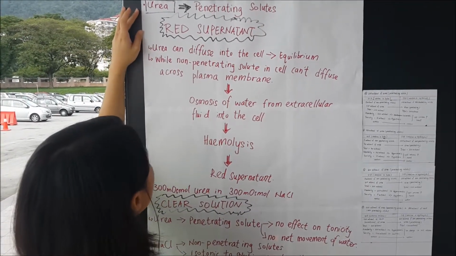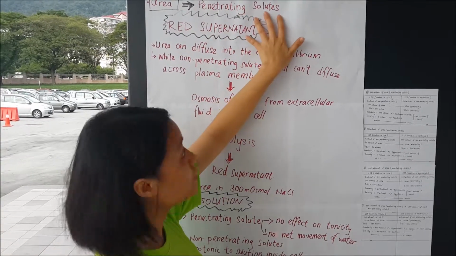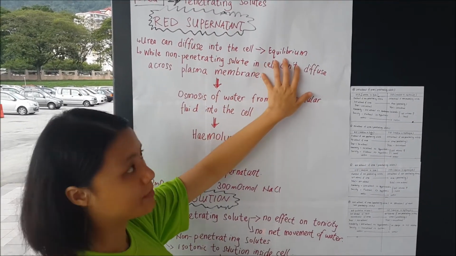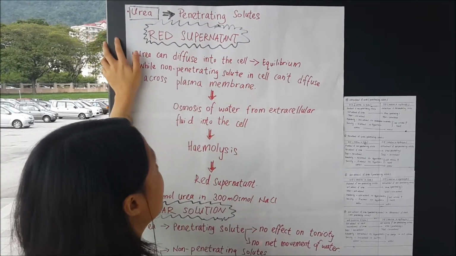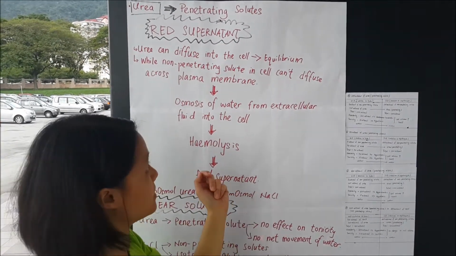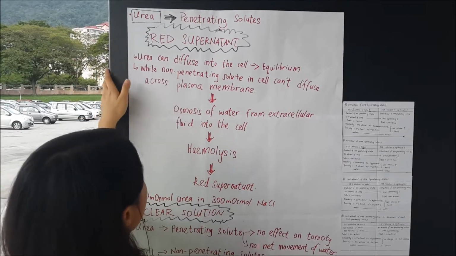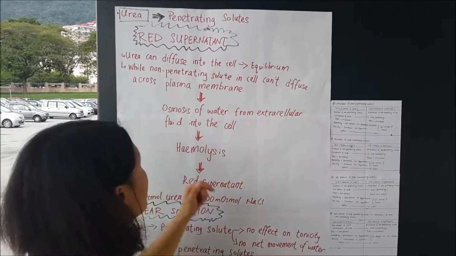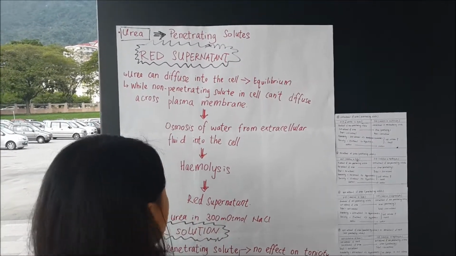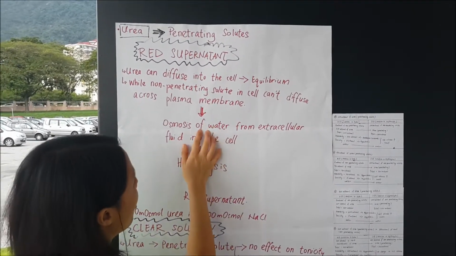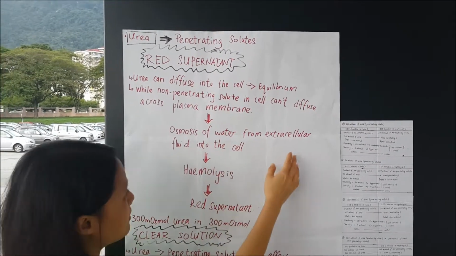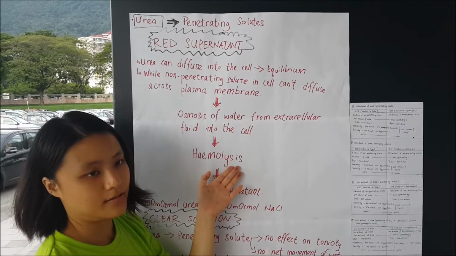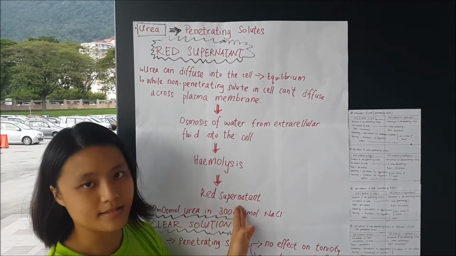Urea, which is a penetrating solute, can diffuse into the cell and achieve equilibrium, so it will not affect the net movement of water. However, there are non-penetrating solutes in the cell that cannot diffuse across the plasma membrane, giving the osmosis of water from the extracellular fluid into the cell. So hemolysis can occur and a red solution is obtained.